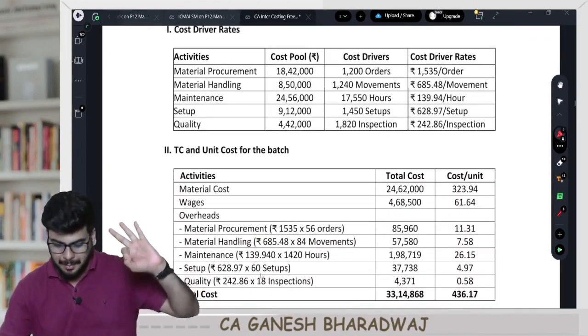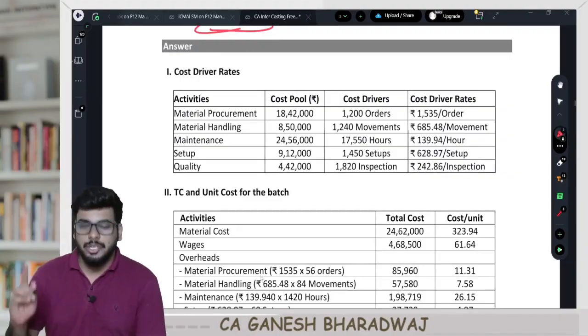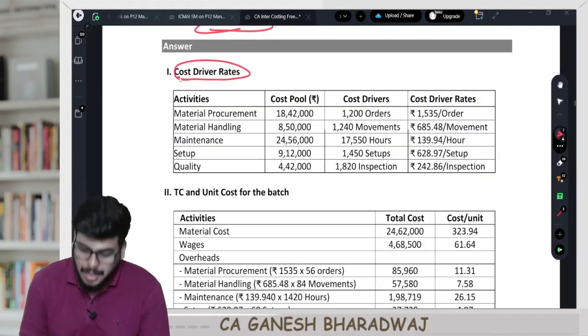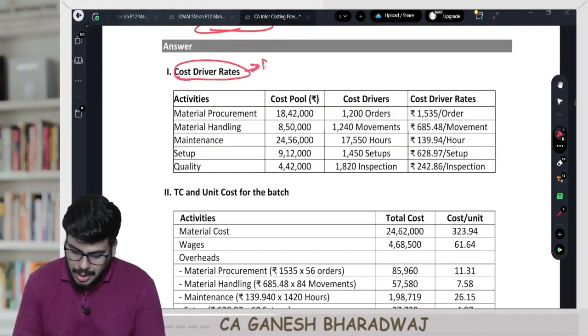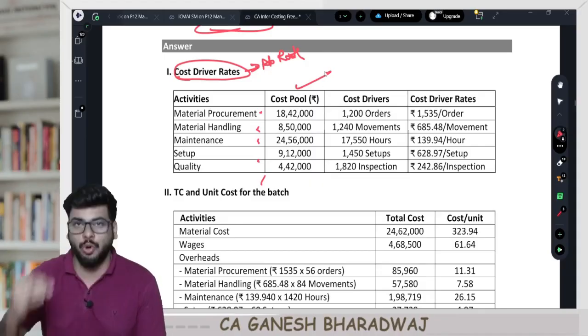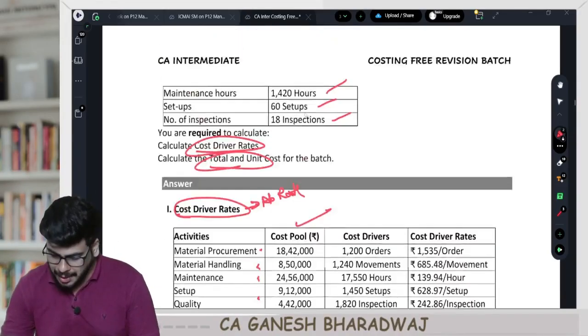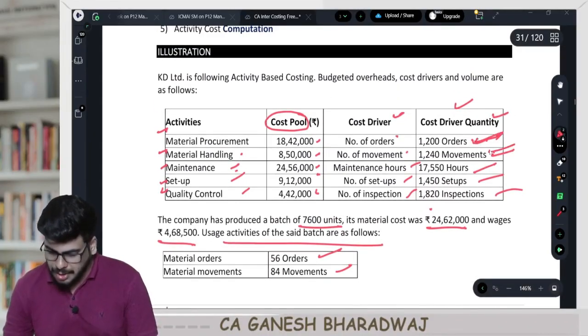Now it's a 3-step procedure, rather I would say a 2-step procedure in ABC. First, you need to calculate the cost driver rate. This is similar to what? Absorption rate. Now what will you do here? List out the activities, right? Now what is going to be your total activity-wise cost pool? You take that divided by the total cost drivers for the year.